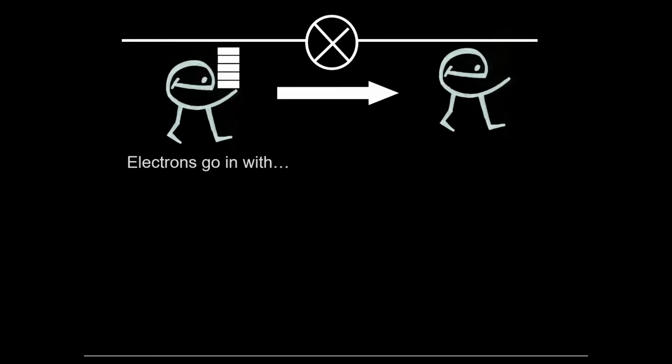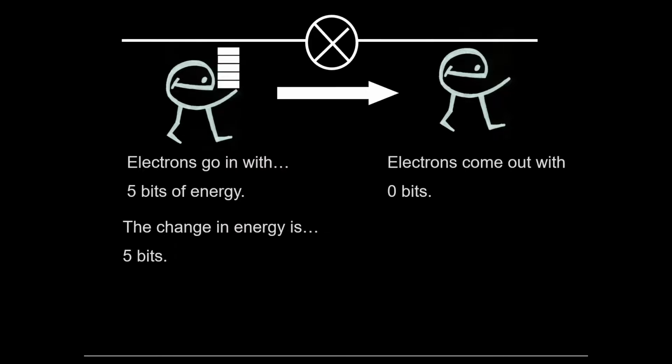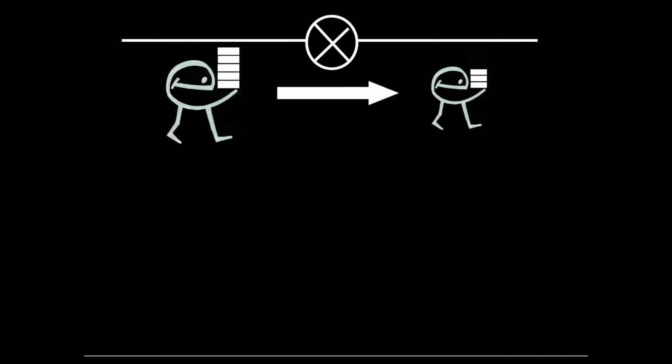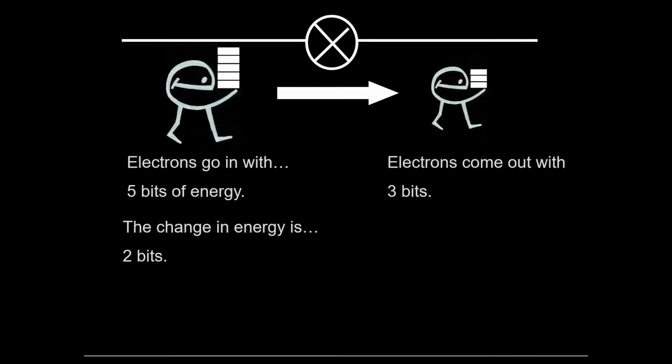But anyway, the potential difference there is 2 volts. And here you can get the message, can't you? 5 bits of energy going in, and 0 coming out, and therefore the potential difference is 5 volts. In this bulb, there must be something else further down the line, because the electrons always return to the battery with 0, so there must be another device further on. Well, they're going in with 5, and they're coming out with 3, so therefore the potential difference is 2 volts.